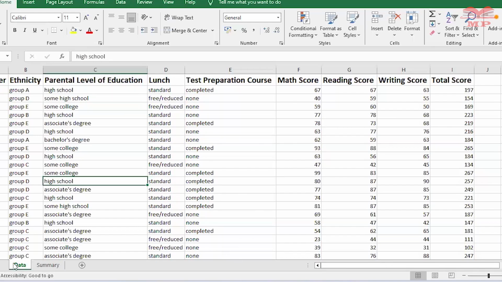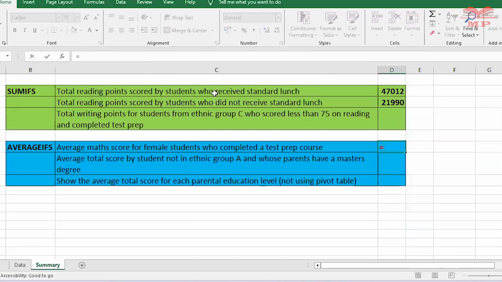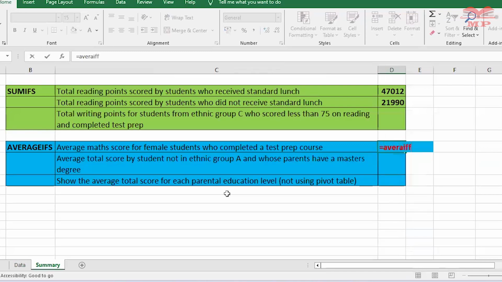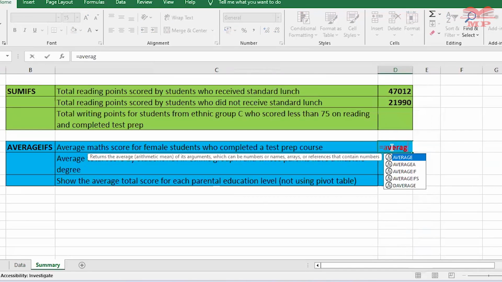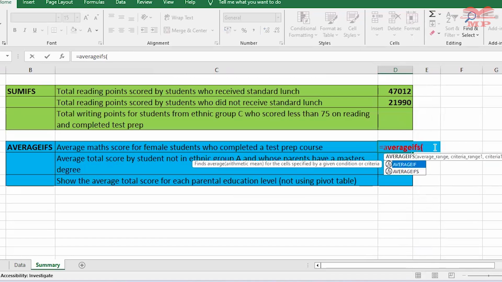So if I can quickly go through these two for the benefit of the person who was not here last time, average ifs. We want the average math score for female students who completed a test prep.